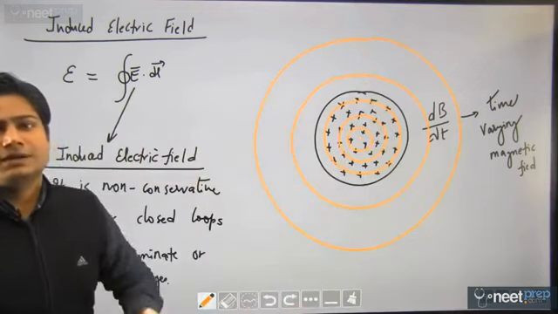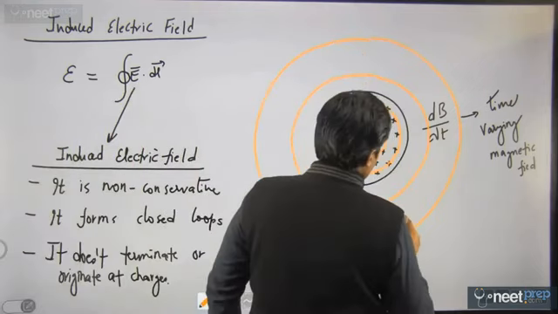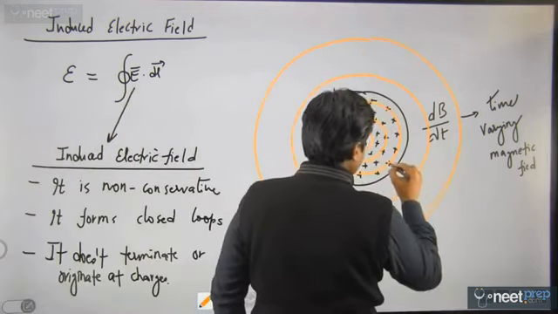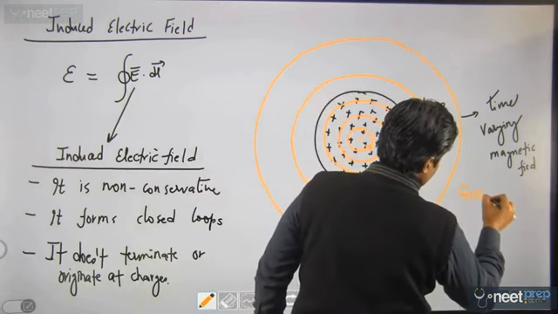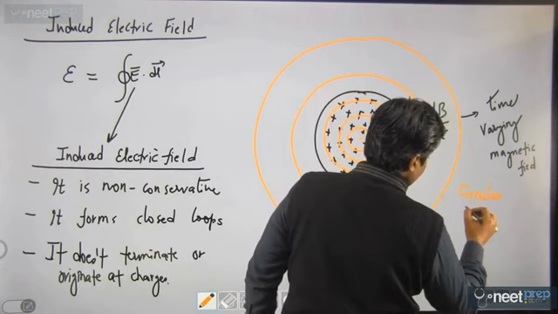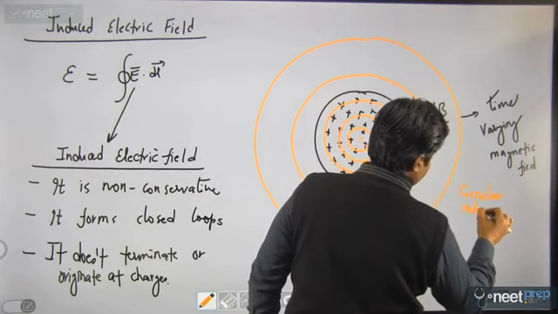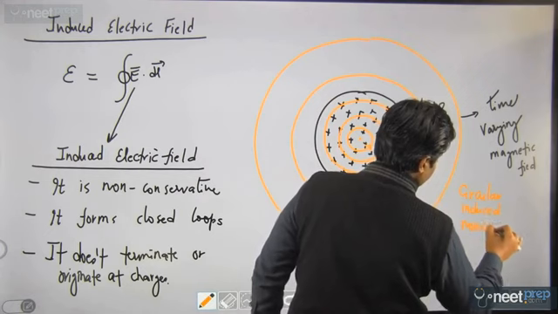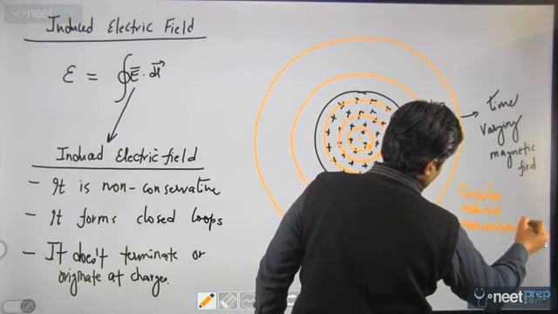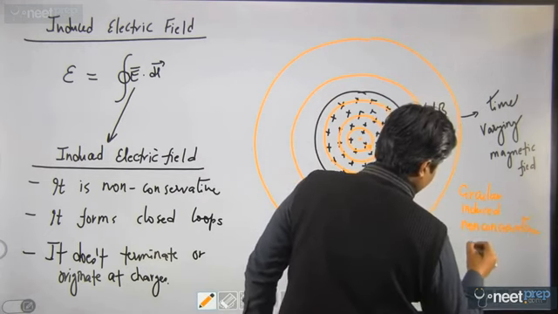So these lines represent the circular induced non-conservative electric field lines.